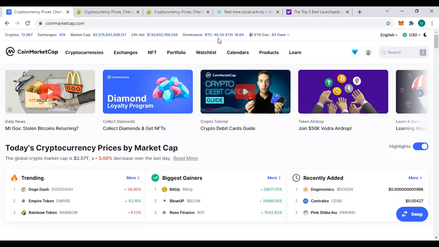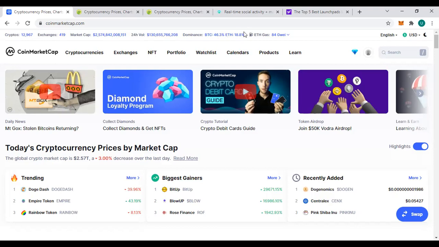BTC has 46% of the total market cap. If you want to know the market capitalization of BTC, you take 46% of the total market cap to get the total amount that BTC has alone. I guess I get my point.